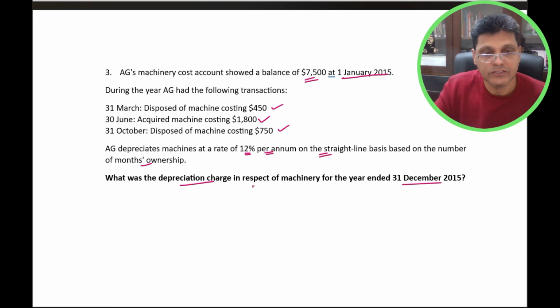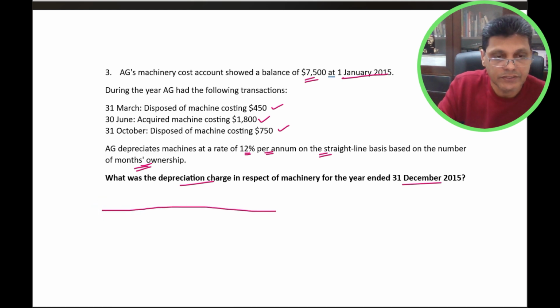Okay, now they charge depreciation based on the number of months of ownership. So therefore if you take the opening balance 7,500, the machinery account, there was an opening balance on 1st January 2015, 7,500.